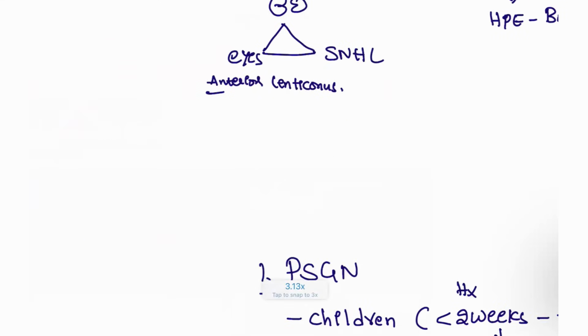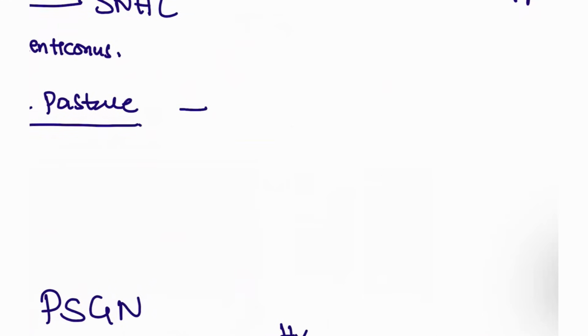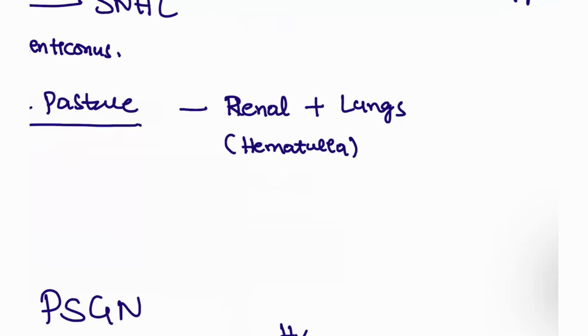Next, Goodpasture syndrome. Goodpasture syndrome is associated with the renal system, and it also involves the lungs. So you are going to see hematuria in this patient, and at the same time hemoptysis.